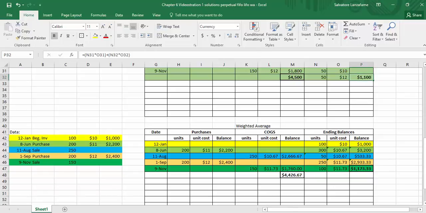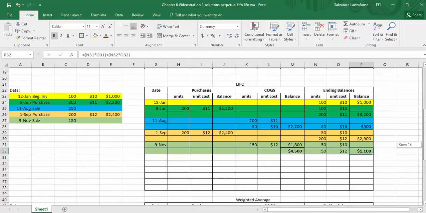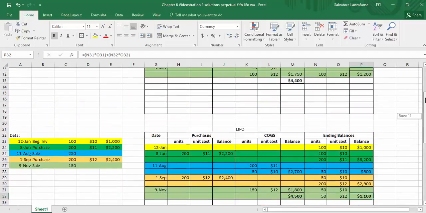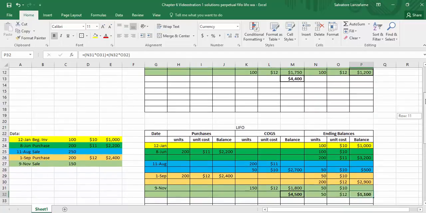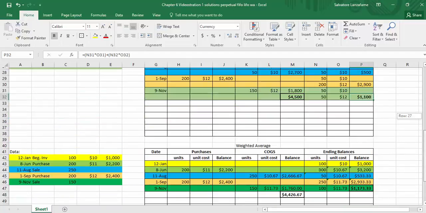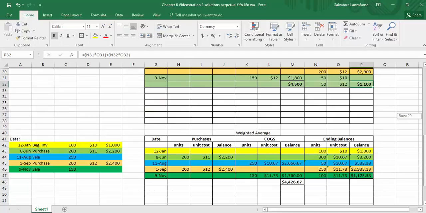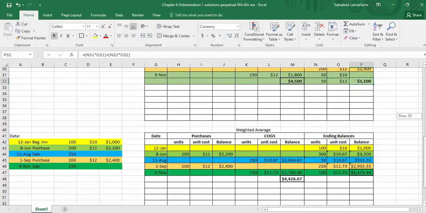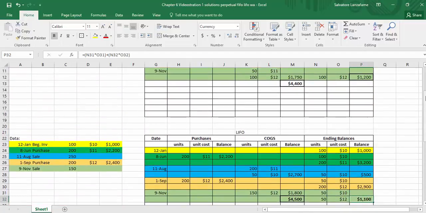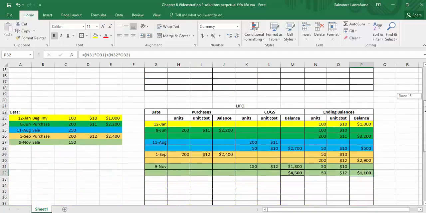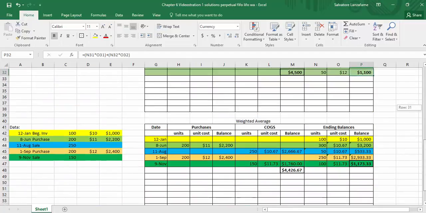So 4,426, we had 4,500 for LIFO, and we had 4,400 for FIFO. So again, 44 was the low, 45 was the high, 4,426 somewhere in between the two. And that's how you do perpetual under FIFO, LIFO, and weighted average.